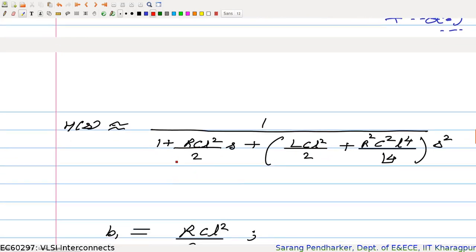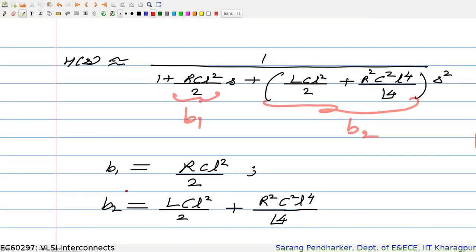And now here you can see that this is your term B1 and this term is your B2.